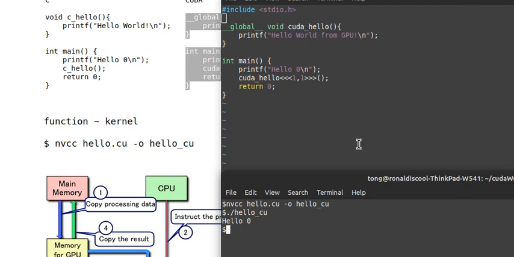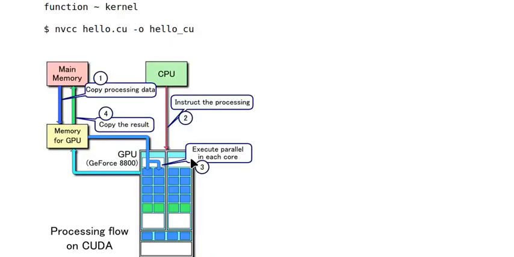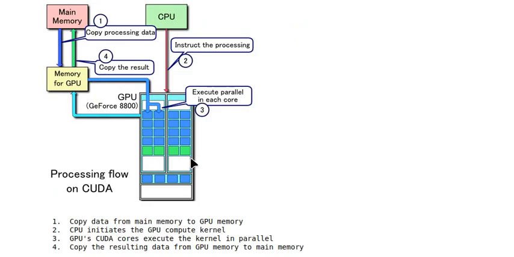This is because sometimes the data could be buffered in the GPU memory. Now this diagram explains the structure of the relation between CPU and the GPU. So this is the main memory.